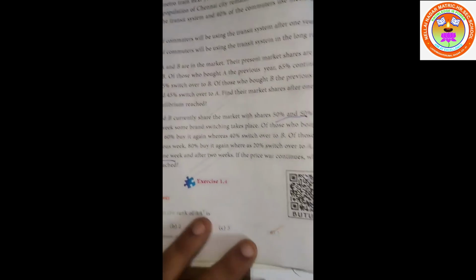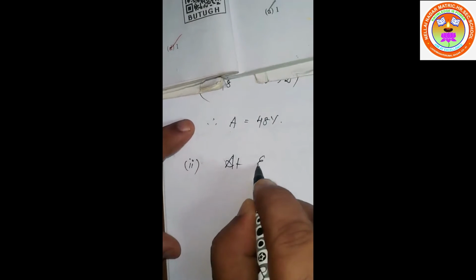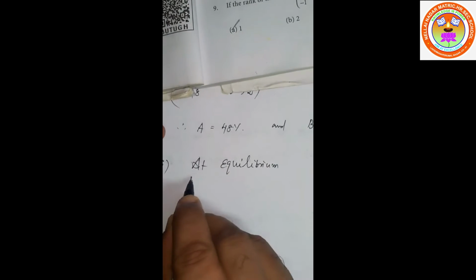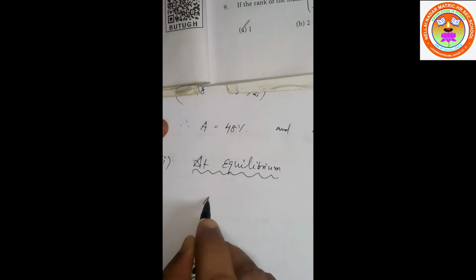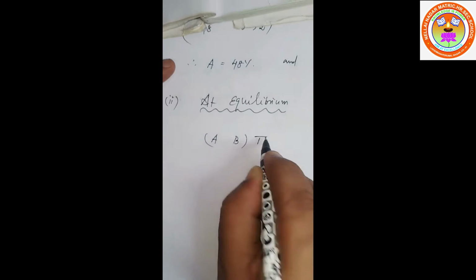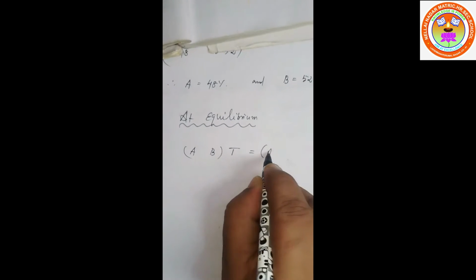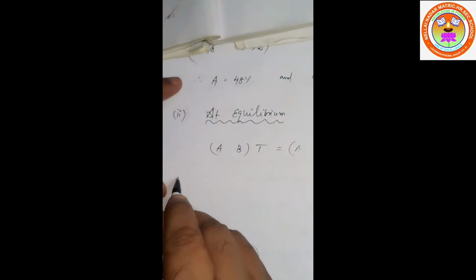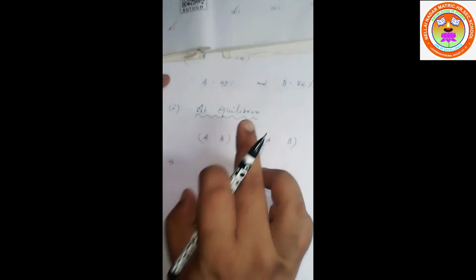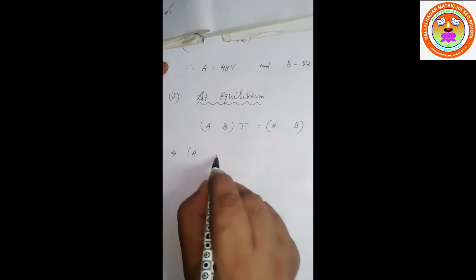Okay, so at equilibrium, A and B are the two products. If you multiply it with the transition probability matrix, you will be getting the same A and B. That is the condition for equilibrium, remember. So at equilibrium, whenever you are given that equilibrium, write A and B as it is.